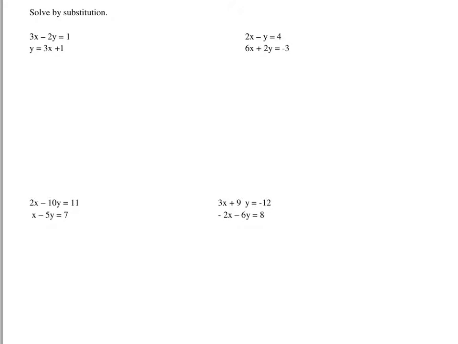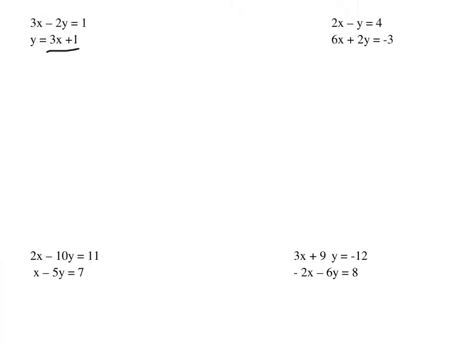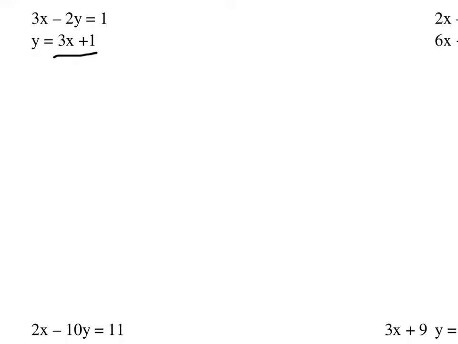Our second equation here I really like because it has been solved for y. We know that y equals 3x plus 1. So what we're going to do is take that information and put it into the first equation.